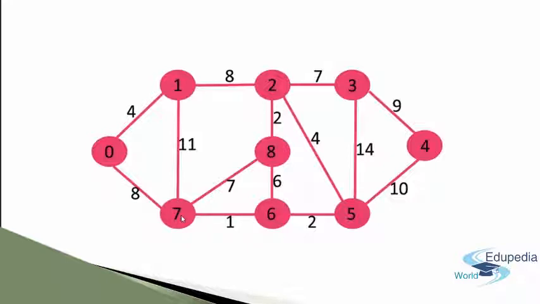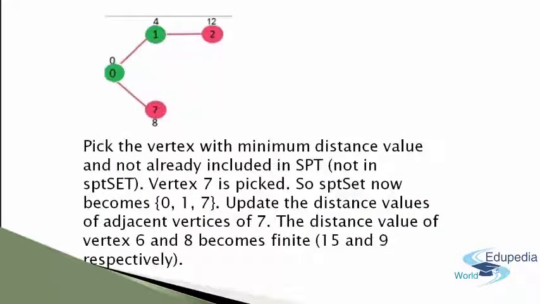Although it is not included in our SPT set, we have already seen and traversed it. Moreover, if we did touch it, this one would still be the minimum. So up to 2, the value is 12.